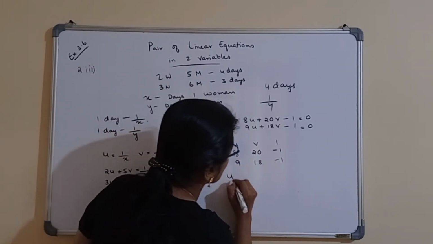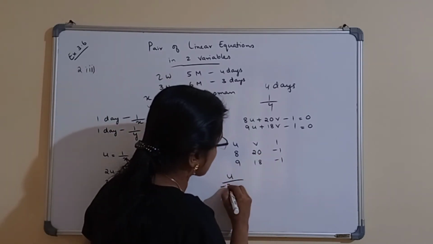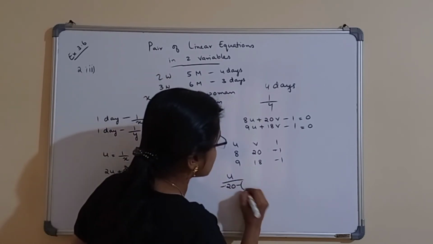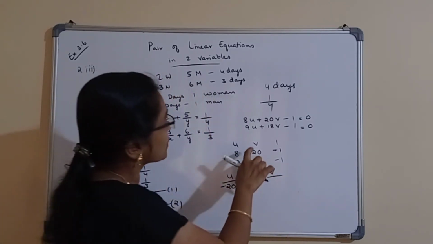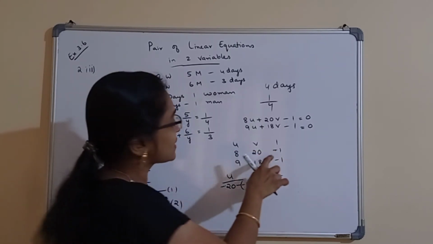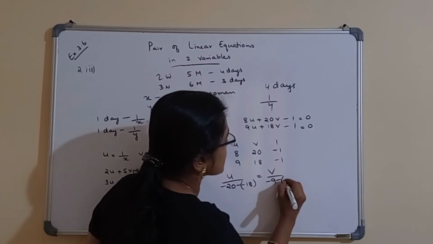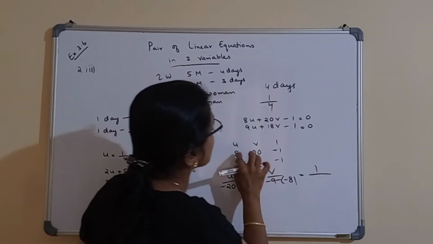Now u by, take this: 20 into minus 1 is minus 20, minus of minus 1 into 18 is minus 18, is equal to v by, don't take this column and multiply this in the reverse order: minus 9 minus of minus 8, is equal to 1 by, take this.